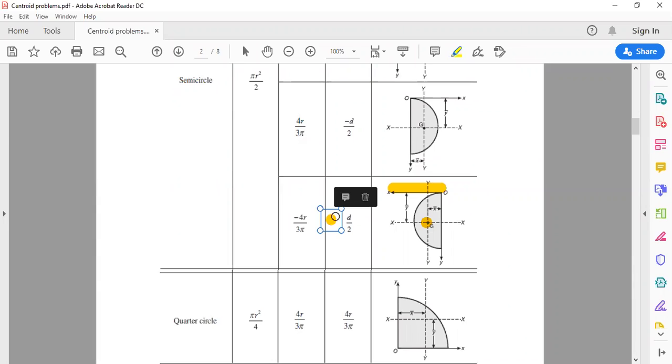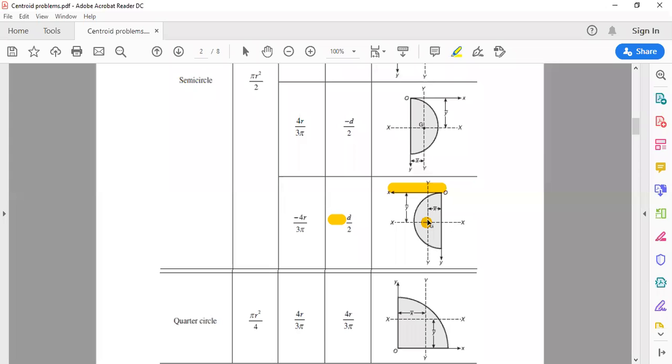Why negative sign? It has to be with the negative sign because it is being measured below the x-axis, that is to the negative of y direction. So it is minus d by 2. Small correction in this: it should be minus d by 2 because y bar distance is measured in the negative direction of y.